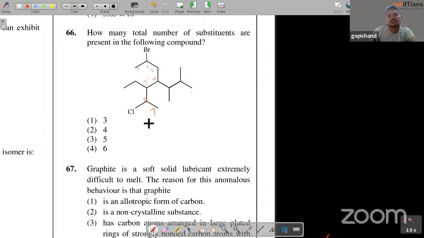Is there any other possible way? Counting again, it is 7 in each case. Okay, so always we should think of this.